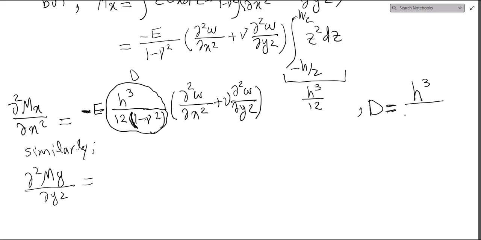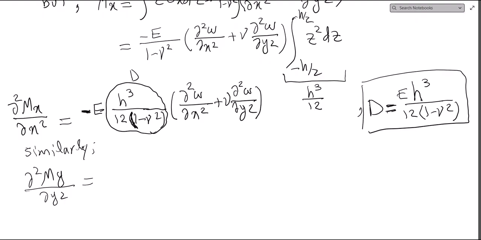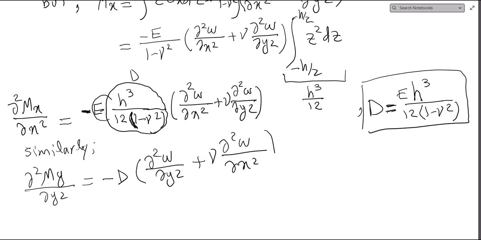This simply results from, as you see here, the integral of z squared dz along the depth. Maybe I also include the E here. So this includes E, and I keep the minus for now. So this becomes minus D, d2w dy squared plus mu d2w dx squared.